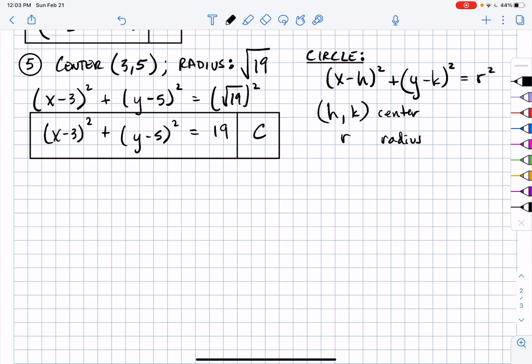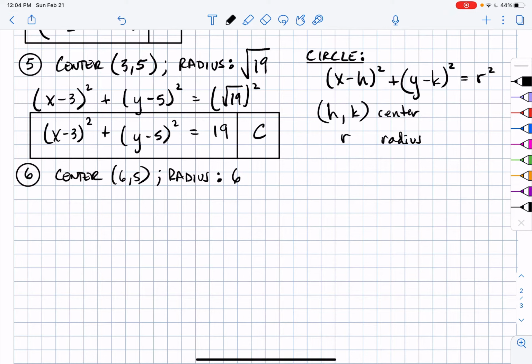All right, number 6. Number 6 is asking for the same thing. So center is going to be 6, 5. And my radius is going to be 6. All right.